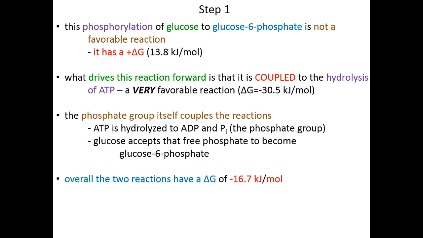And so if we take negative 30.5 and we add to it 13.8, we get negative 16.7. Overall, a favorable reaction. The universe allows us to phosphorylate glucose because in order to do that, we had to burn ATP, and this net energy release is the universe's profit. It's the bribe of the universe.